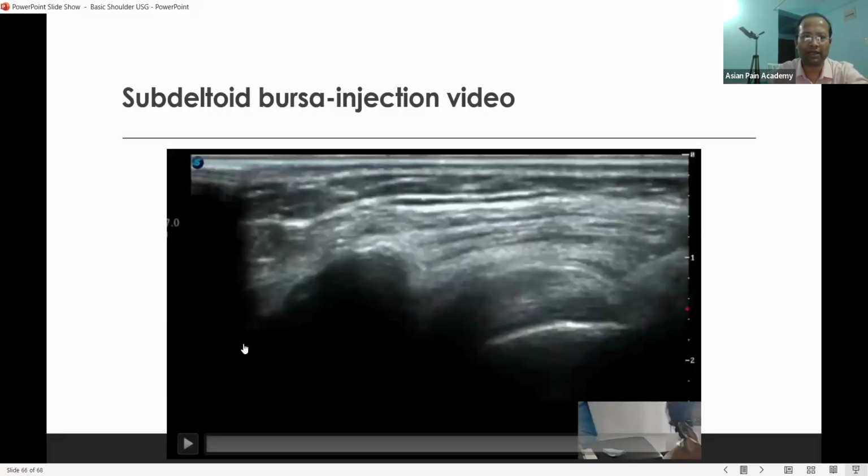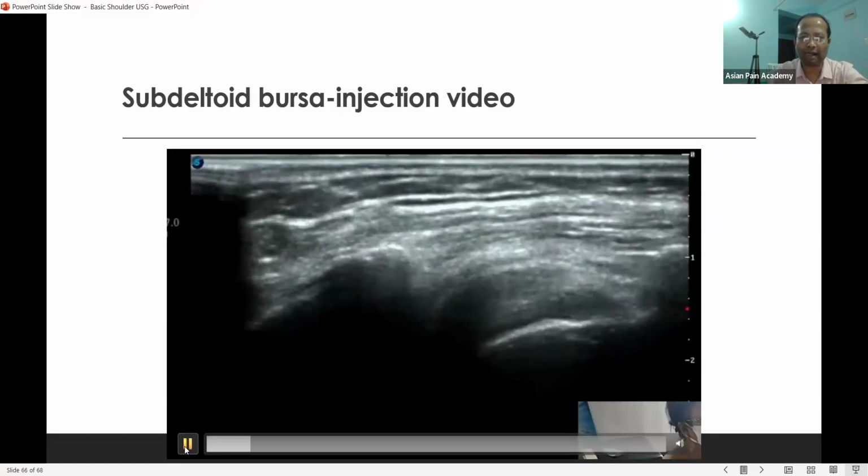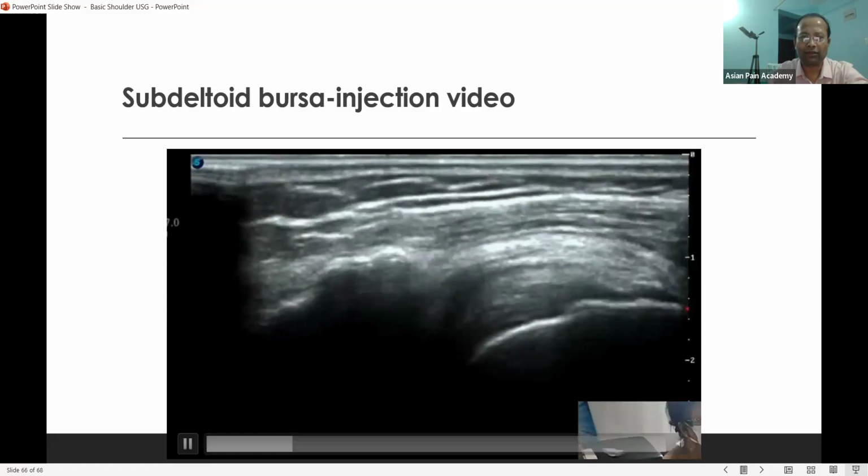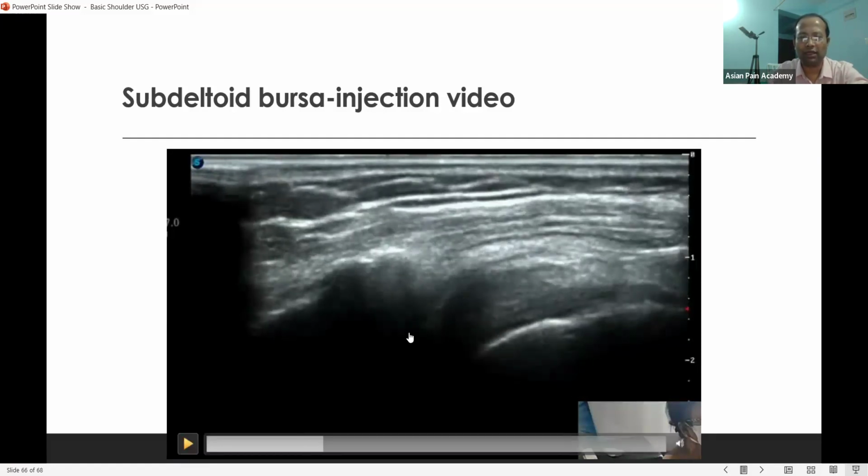Subacromial subdeltoid bursa injection. Okay, so here also you see. Here, as I told you, I have stopped. So this is layer number 1. This is layer number 2, muscles. So I understand that this is the supraspinatus tendon and this is the white color, the loose areolar tissue.